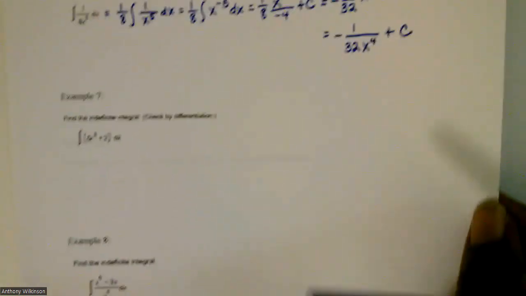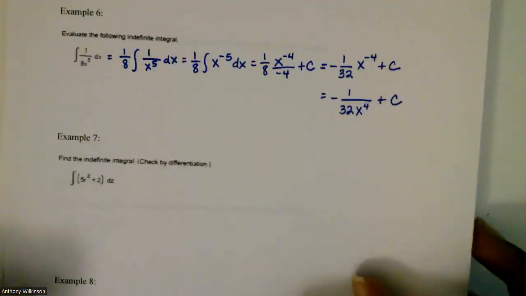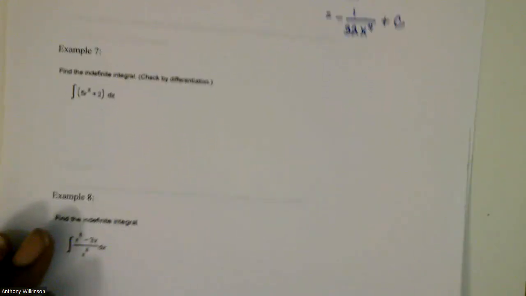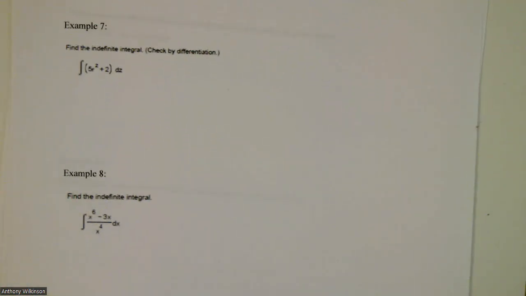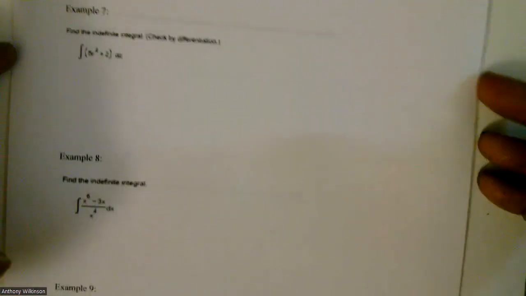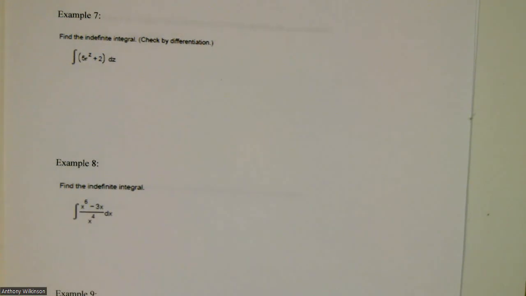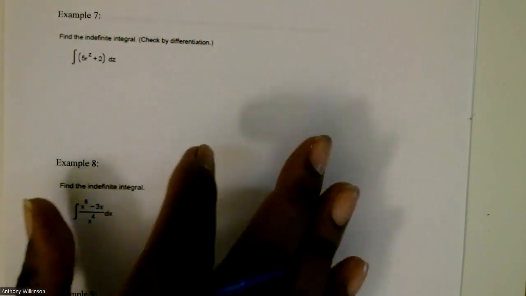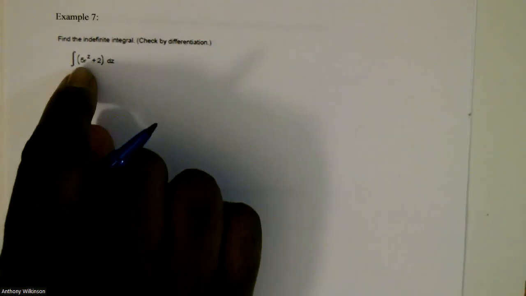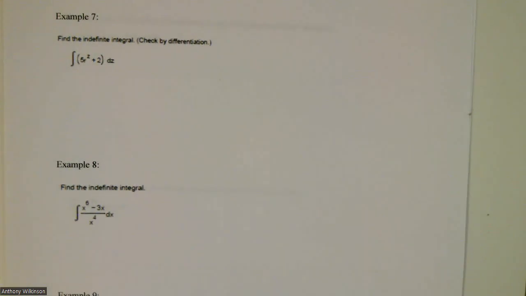Example 7 is finding the indefinite integral. They may also ask you to check by differentiation, which we can. Let's say we have the integral of 5 e to the z plus 2 dz. Notice our variable of integration is dz.